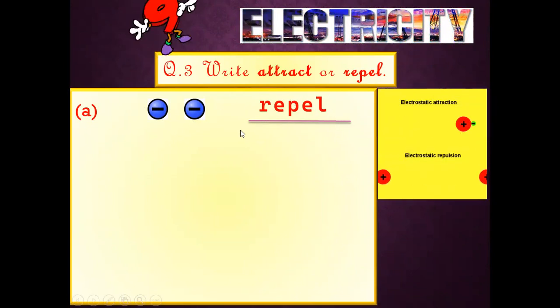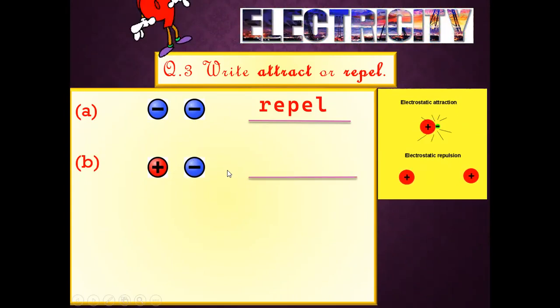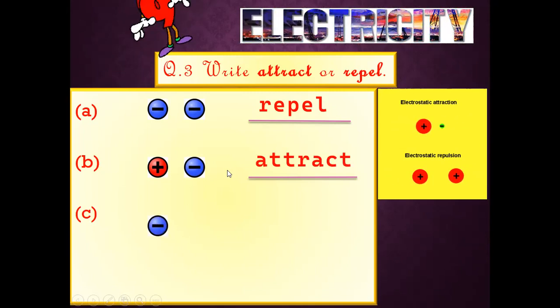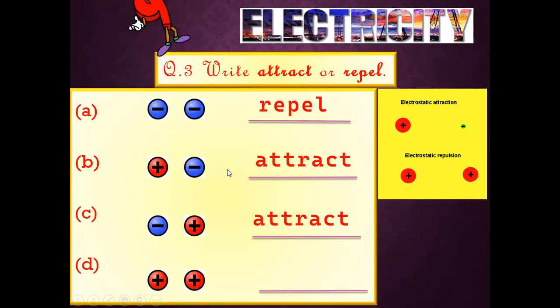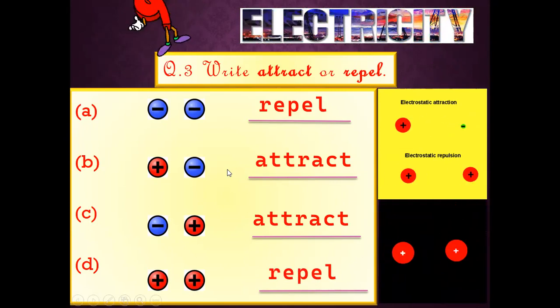They are moving away from each other. B, one is positive, one is negative. They have attraction, attract. C, negative, positive, again attract. And D, positive and positive, the same. They will repel each other, meaning moving away.